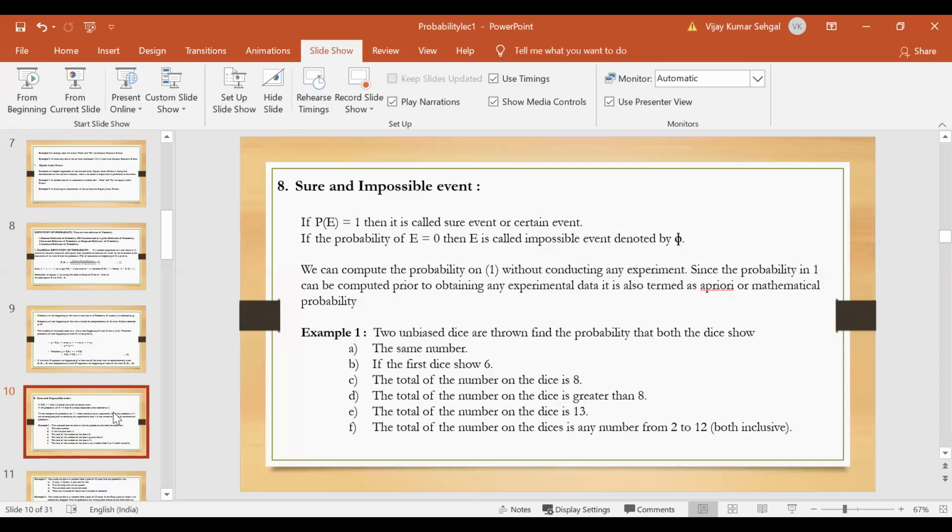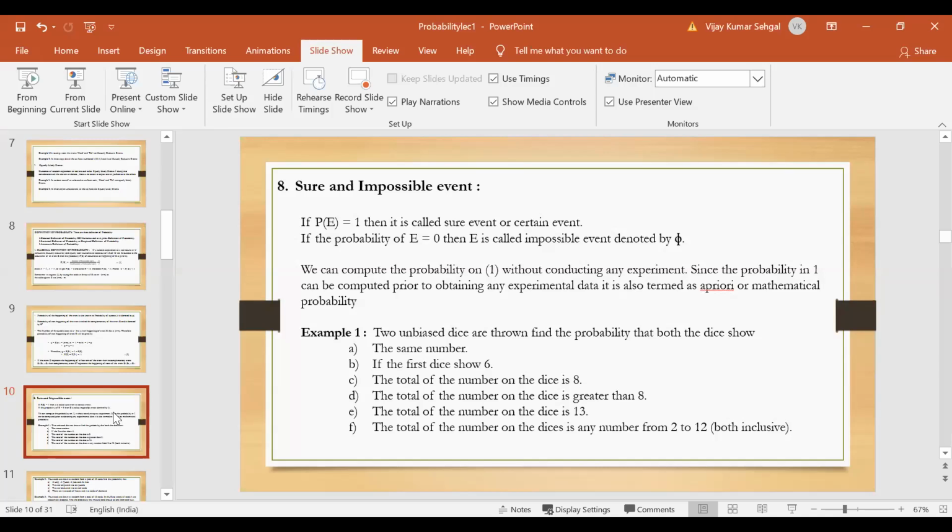Find the probability that both the dice show the same number; that the first die shows 6 and the second 3; that the total on the dice is 8; that the total is greater than 8; that the total is 13; and that the total is any number from 2 to 12, both inclusive. I have given these examples without solutions, but I will discuss the solutions and you can solve them.